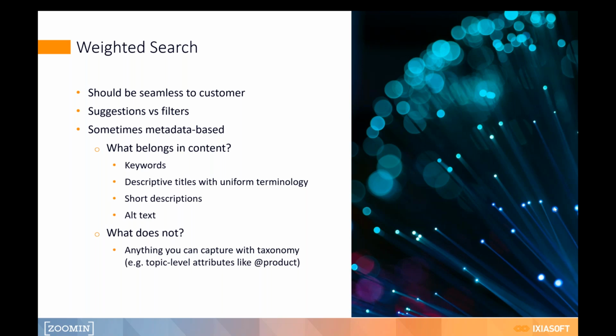You don't need to add that using data or other metadata in your content. You can capture that with a taxonomy at a higher level, at a map level, and you can make that information contextual to that map, because a topic that might pertain to product A in the context of one map might pertain to product B in the context of another map.